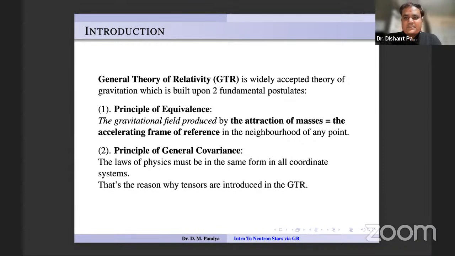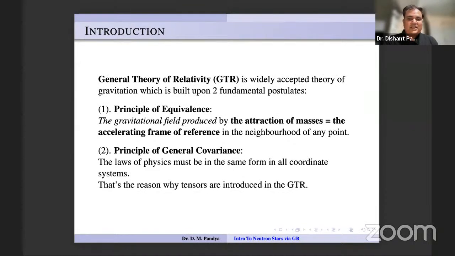The second one is the principle of general covariance, which states that the laws of physics must be the same in all coordinate systems. So basically, we will consider here general reference frames, and that is the reason that we require the knowledge of tensors. You might have seen the postulates of special theory of relativity where we were using inertial frames of reference, right?